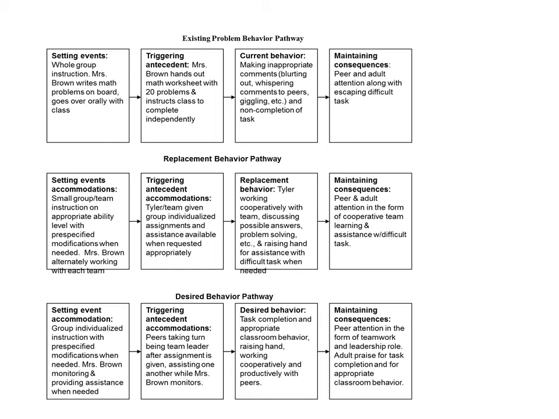Then you'll complete the competing pathway analysis we have here, starting out with just restating your hypothesis, then looking at possible replacement behaviors and what the desired behaviors are in that situation. This is the first step in moving from assessment to intervention planning.